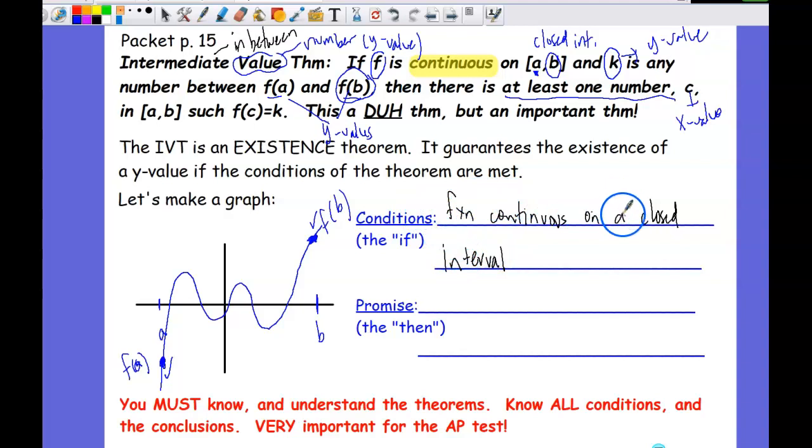So if we have a function that's continuous on a closed interval, and we said that k is between f of a and f of b, that would be another part of the condition.